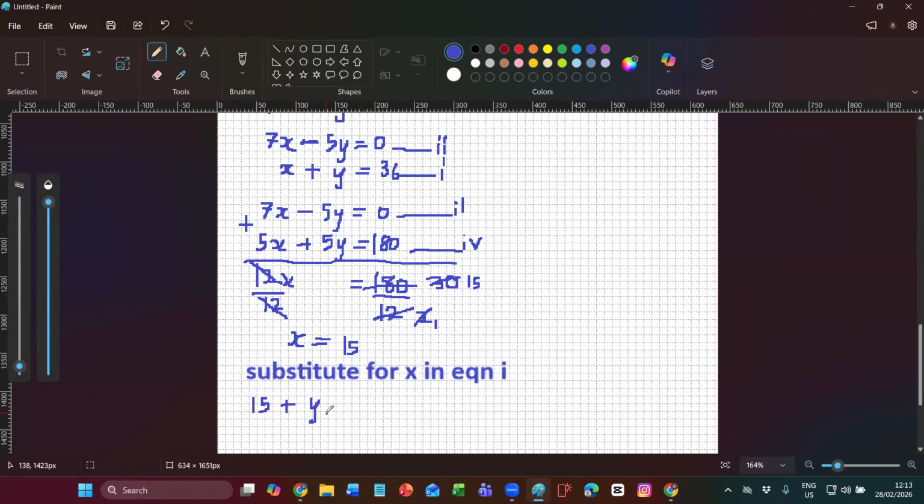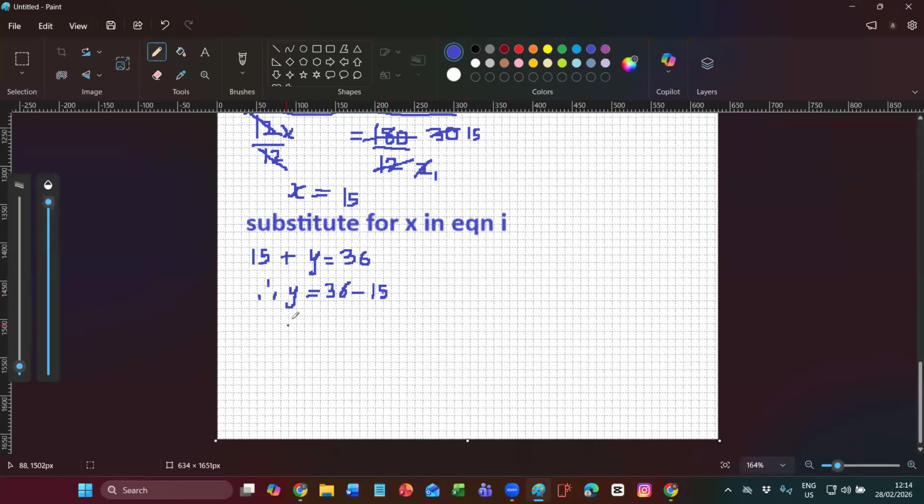Of course, y will be equal to 36 minus 15, right? Yes. Which is what? 21. Y equals 21.